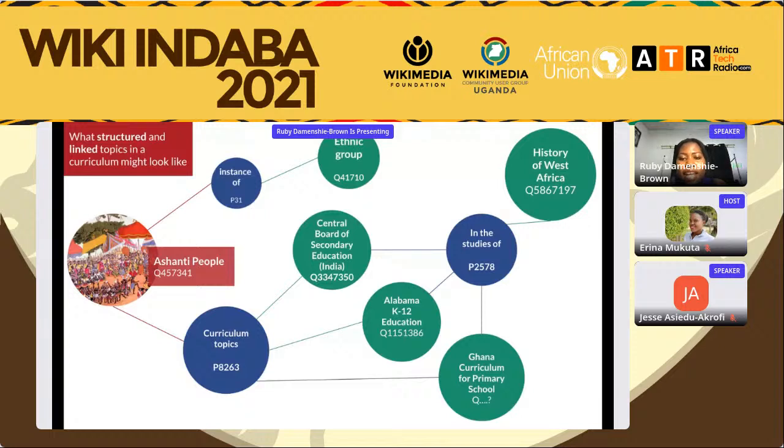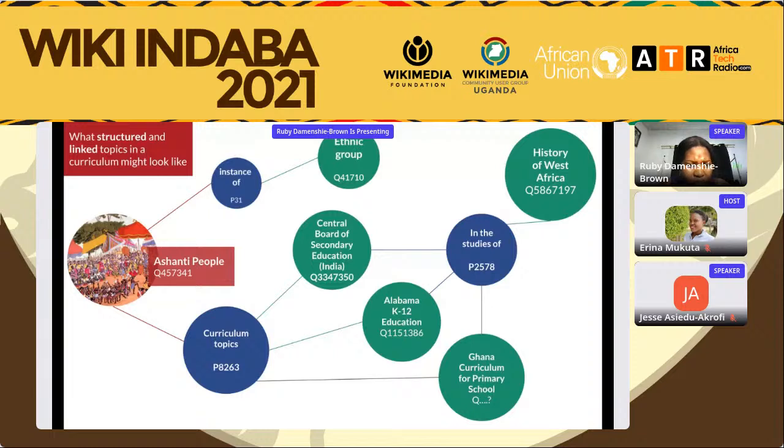So here is a hypothetical scenario of what we are looking at. For instance, we've shown the topic of Ashanti people, and you see that the Ashanti people as a topic is linked to three different curricula. You can see that we find it in the Central Board of Secondary Education in India.